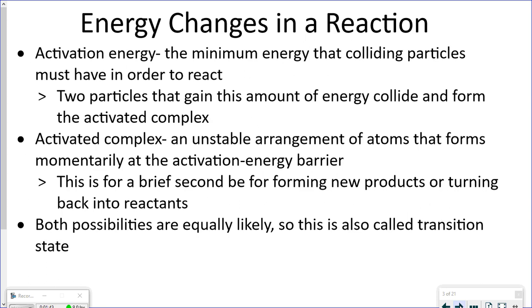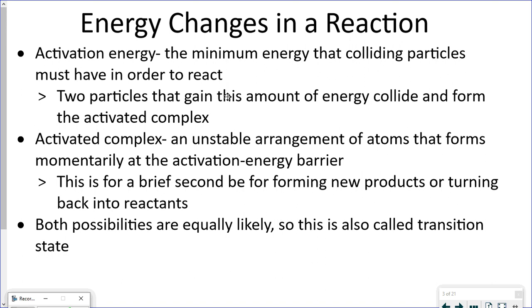Looking at our energy changes in a reaction first. The collisions need to have an activation energy. This is the minimum energy that colliding particles must have in order to react. If they do not have this activation energy, they will simply bounce off one another and no reaction can occur.